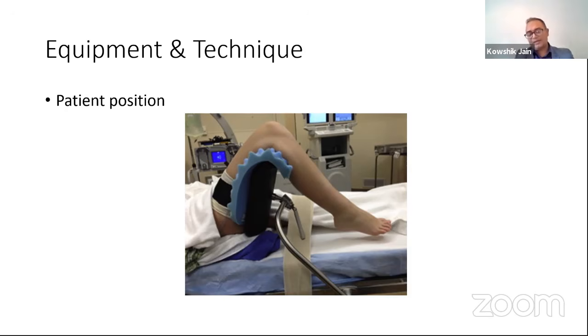It's more oblique, and you've got to make sure that you pad the thigh gutter well. Otherwise, it can easily cause pressure sores. It can impinge on nerves and cause undesirable side effects. But this helps with counter traction, and this also gives support to the thigh when you're performing an ankle scope.